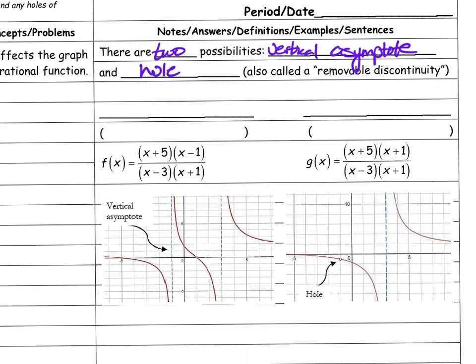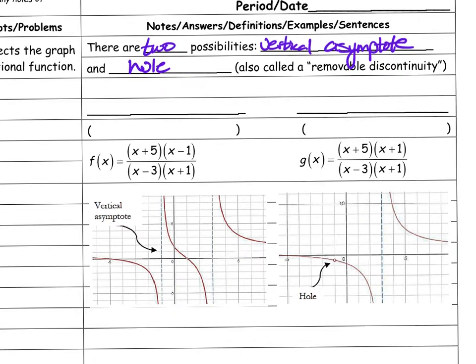So I'm going to zoom in a little bit. The first one is a vertical asymptote. On the graph, they're represented as a dashed line.